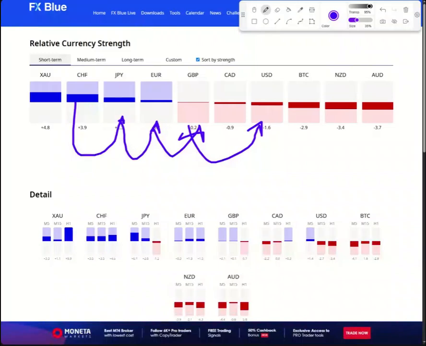Like according to my analysis, ilikuwa inaniambia sell, and today the currency pair that I want to sell is strong. Does that invalidate my analysis? How do I go about that?